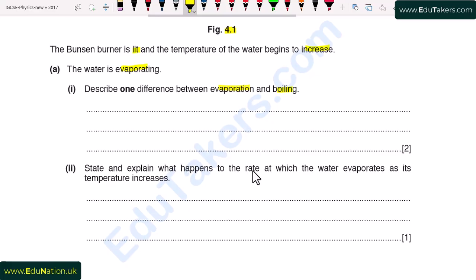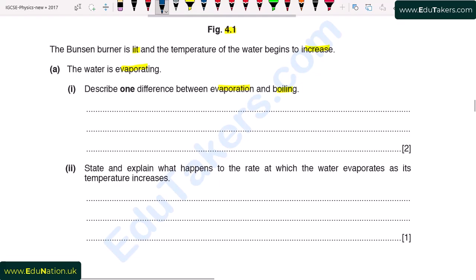So here we have to differentiate evaporation and boiling. So evaporation takes place at any temperature while the boiling takes place at a specific temperature. It is the main difference between evaporation and boiling.